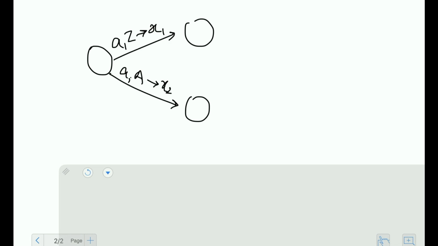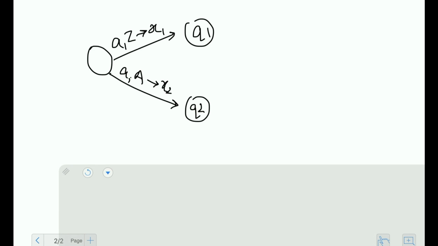So all this has done is it has said that if I have the input symbol a and the stack top is z, then move to this state which is, let's say, q1, and secondly, if the input symbol is a but the stack top is capital A, then move to this state which is q2. So that's all I'm saying when I say something like this, and this still hasn't broken determinism. To break determinism, I need to have some situation where I have multiple choices.